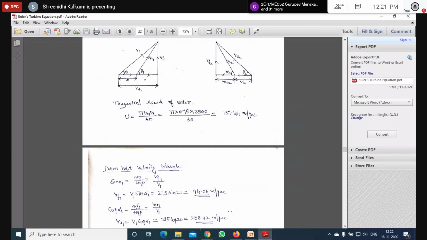Okay, got the value. So u is equals to 137.44.